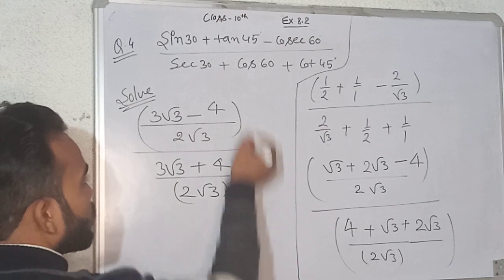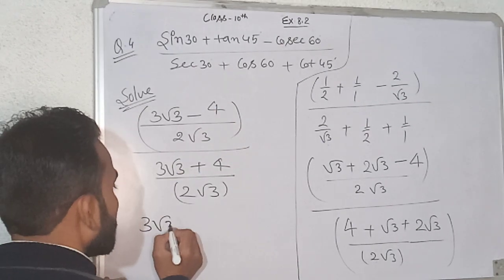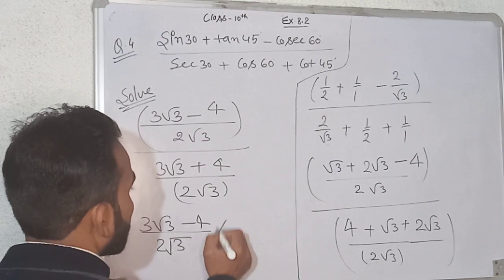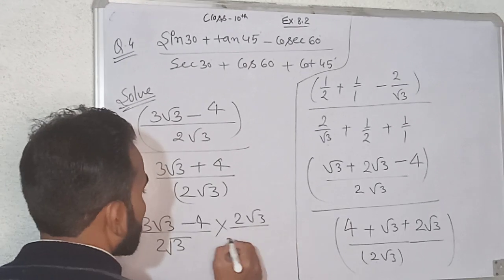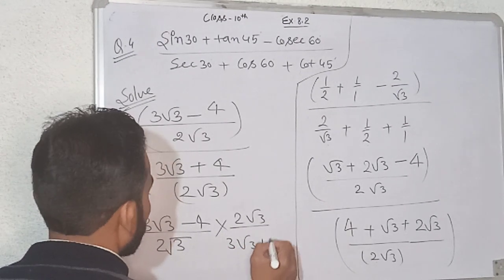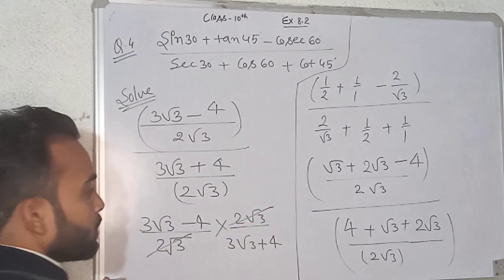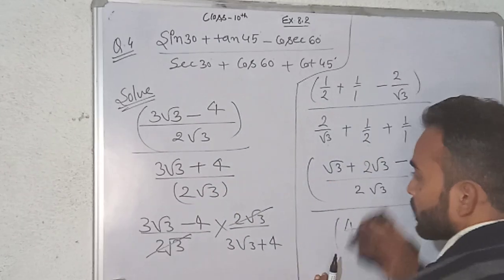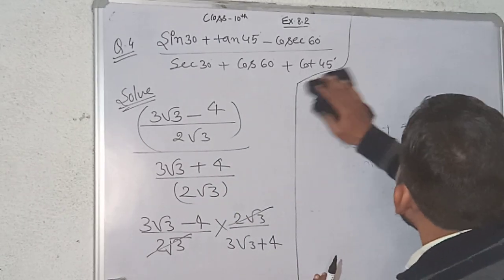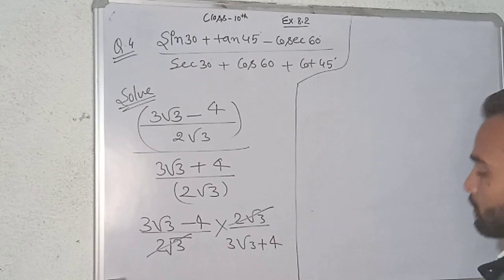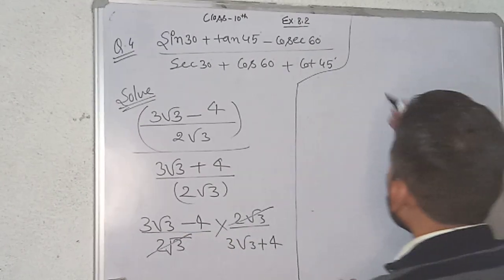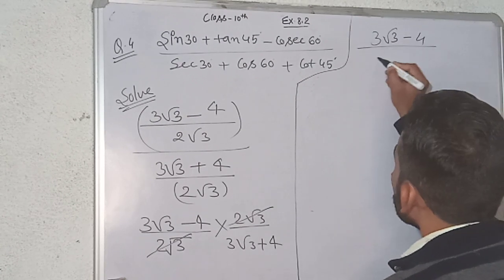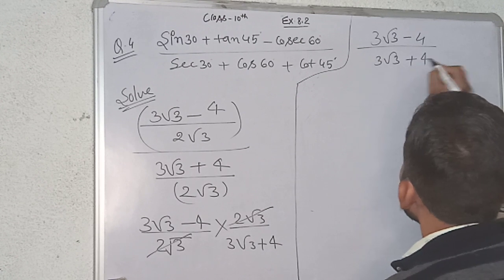Again, we take the reciprocal of this data, multiply by 2 root 3 upon 3 root 3 plus 4. The 2 root 3 will be cancelled and we get 3 root 3 minus 4 upon 3 root 3 plus 4.